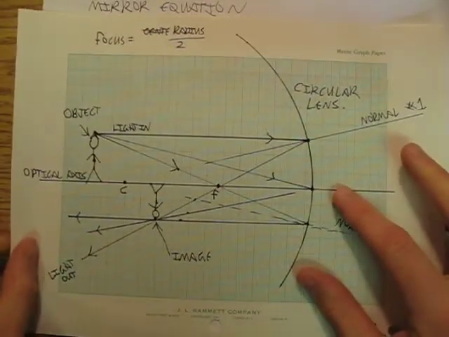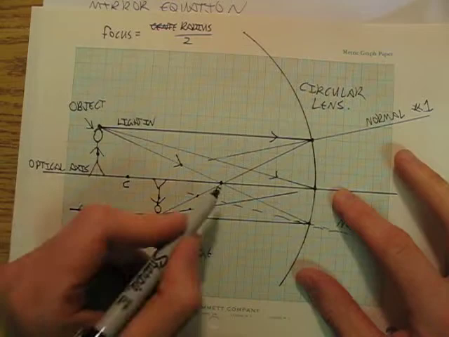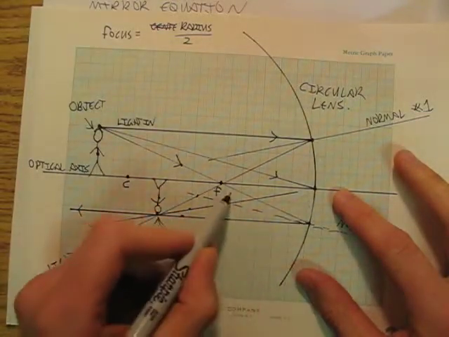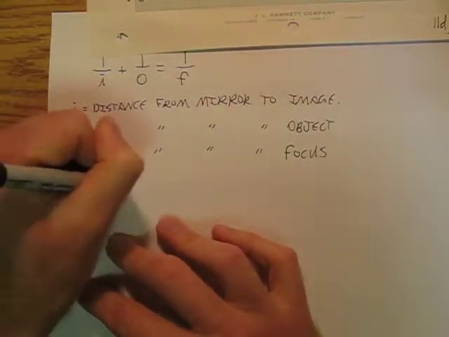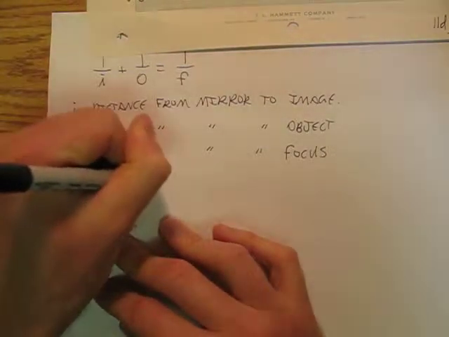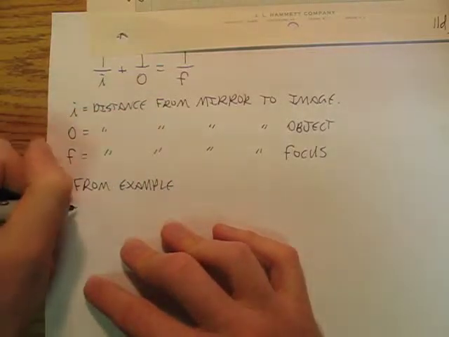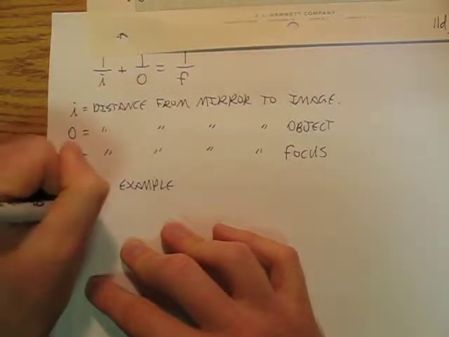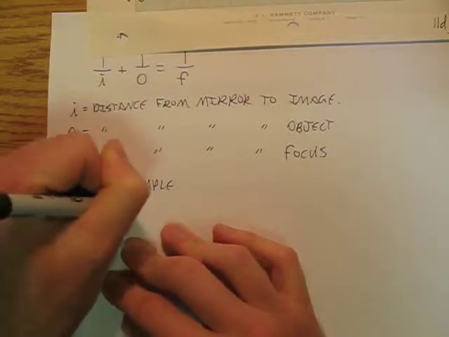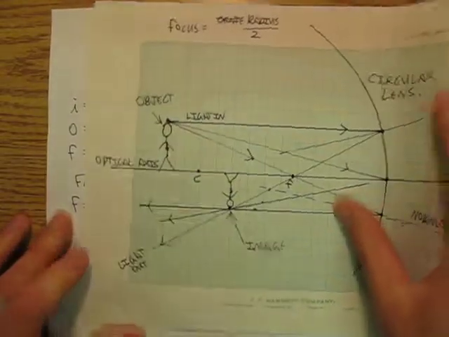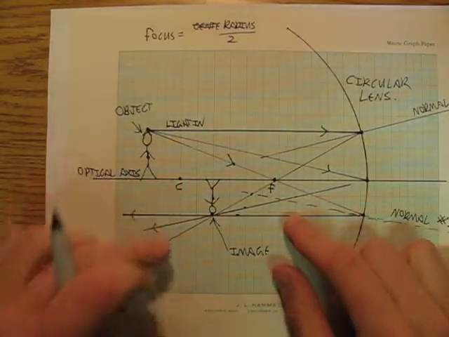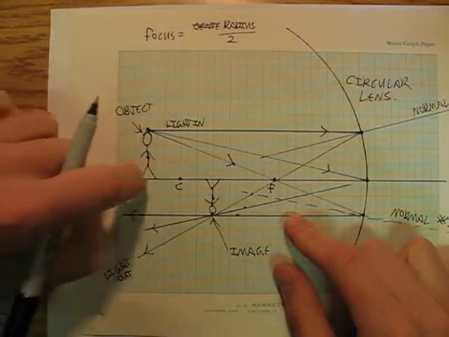So now for my situation, I said that the distance to the focus was 5 3/4. So from example, F is 5.75 centimeters. And my object was located at, that's 11, 12, 13.